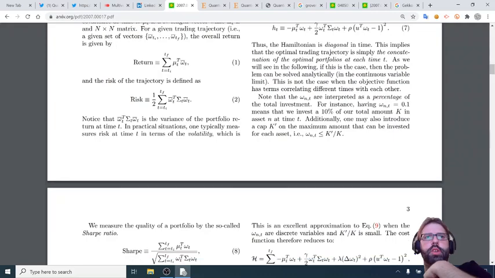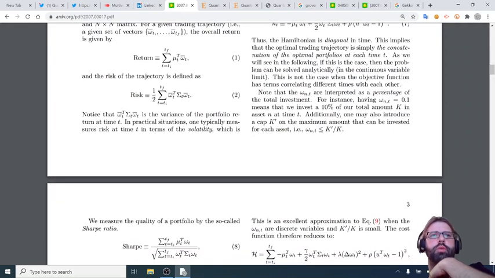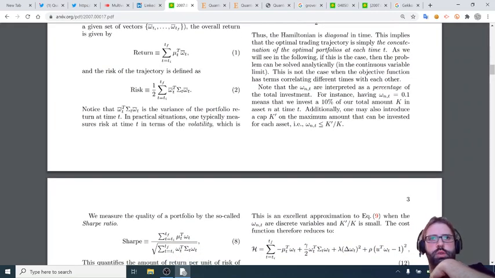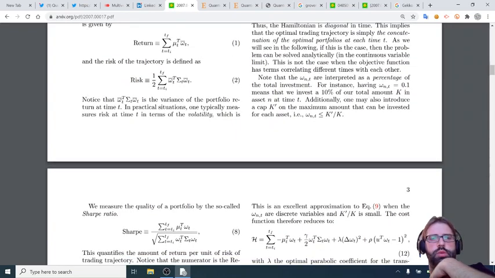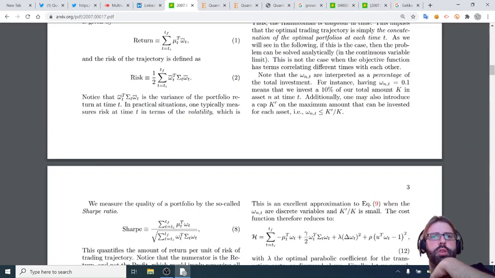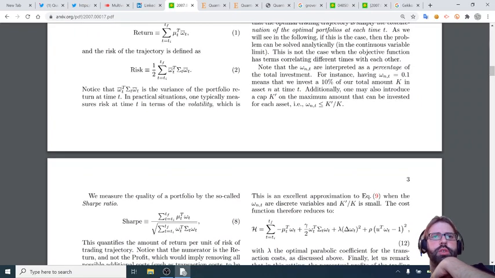Okay, we measure the quality of the portfolio by the so-called Sharpe ratio. This quantifies the amount of return per unit of risk of the trading trajectory.